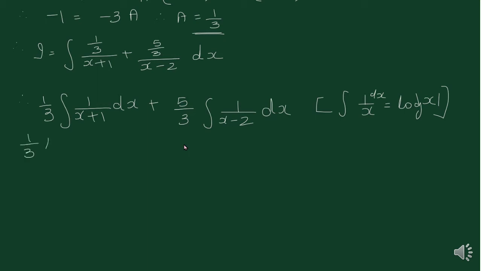So we get 1 upon 3 log the mod of (x + 1) plus 5 upon 3 log the mod of (x - 2) plus c. Thus this sum is done by using partial fractions.